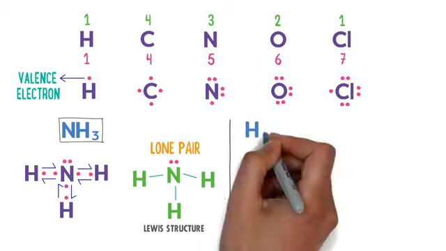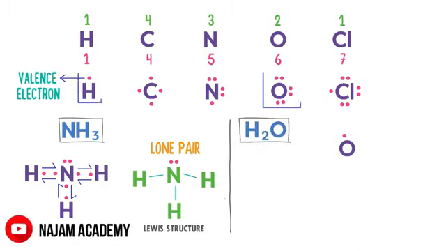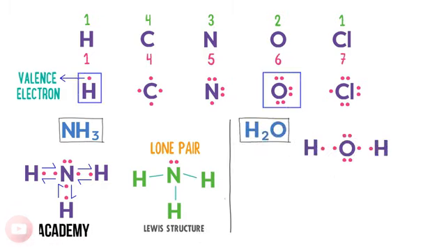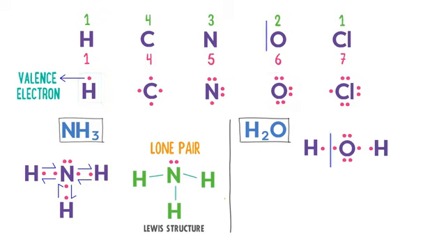Finally, consider H2O. I take 1 atom of oxygen and 2 atoms of hydrogen. We know that oxygen needs 2 more electrons to complete its octet rule, and hydrogen atoms need 1 electron each to complete their duplet rule.